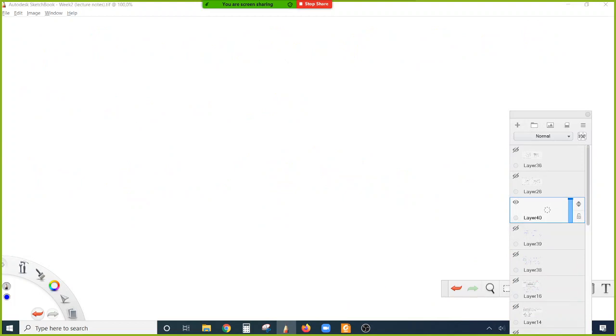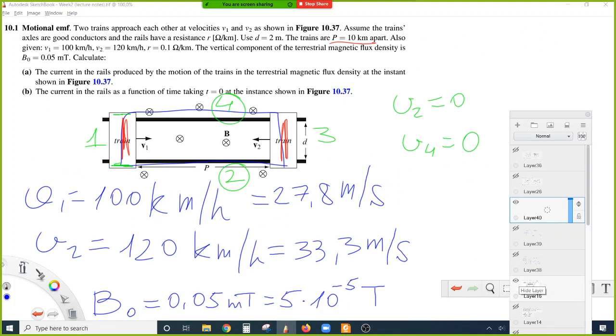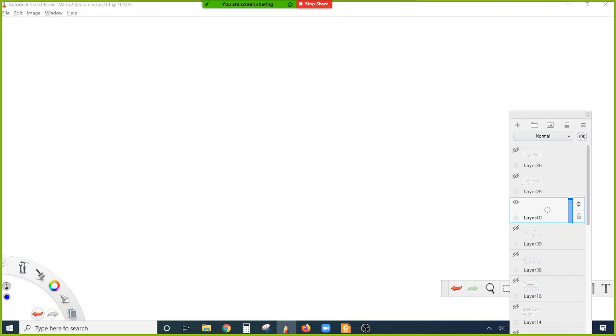Now let's switch to the second part of our problem. The second part says calculate the current in the rails as a function of time, taking t equals 0 at the instant shown in figure 10.37. Okay, we need to compute I(t).